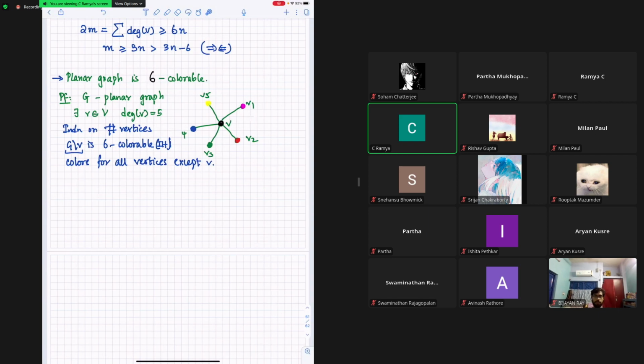You're given a planar graph and you are in a fix in such a situation that there are 5 vertices for which you need to give 5 distinct colors. It's a complete graph. So this means that there must be an edge between every pair of vertices here, right? So there's a K5 sitting inside. But can that happen? No. It cannot happen, because K5 we saw is non-planar.